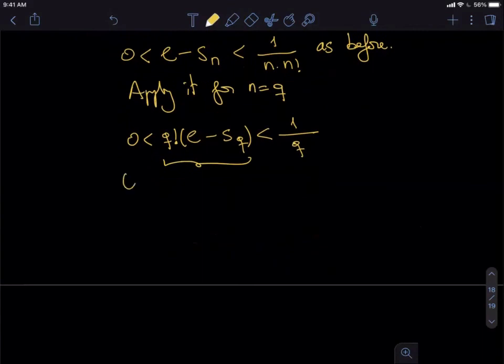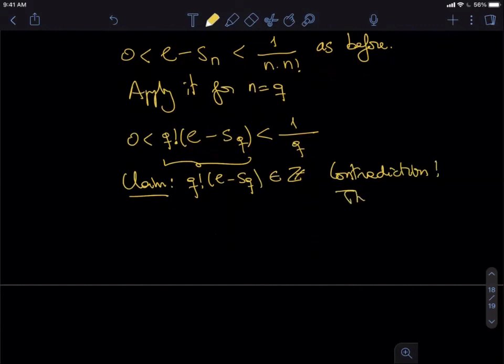My claim is that q factorial times e minus s sub q is an integer number. And that will be a contradiction because there are no integers between 0 and 1. Remember, 1 over q is less than 1.